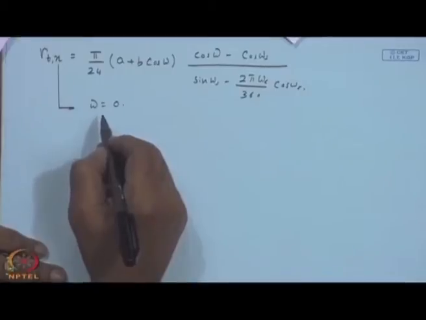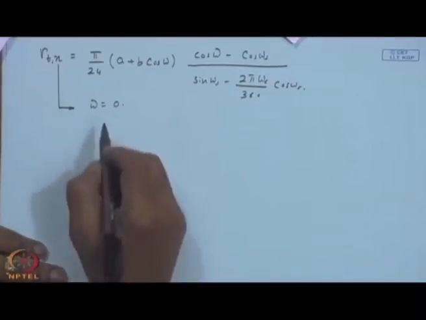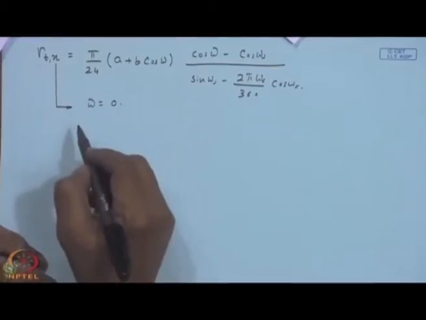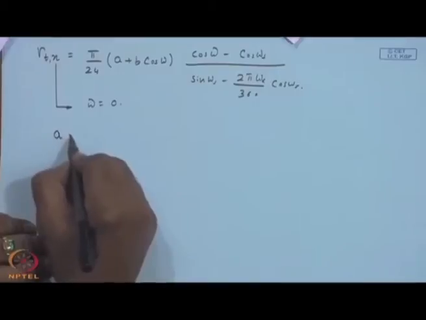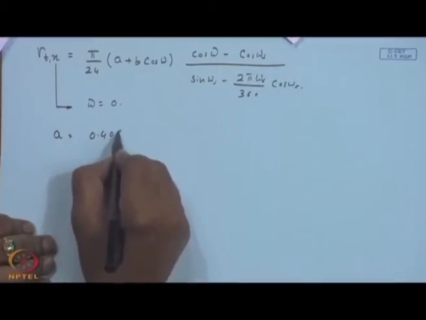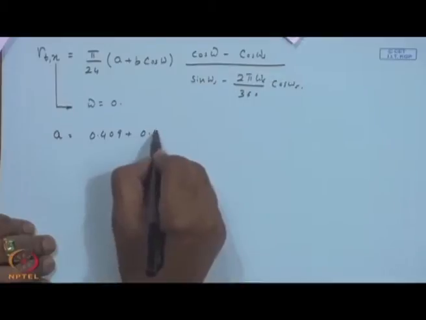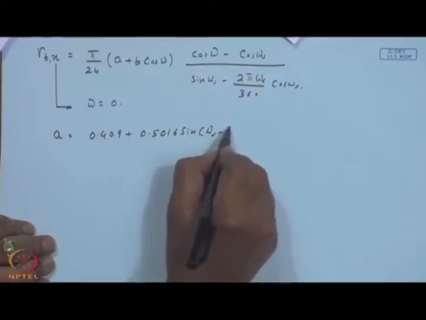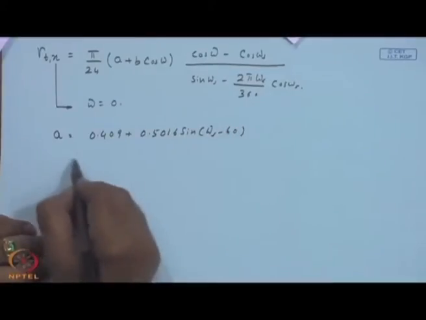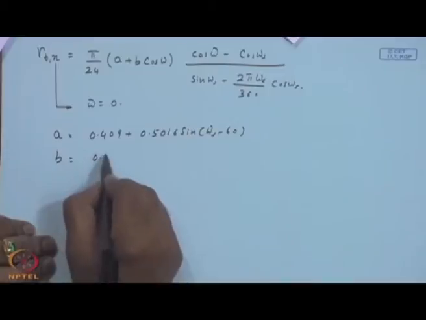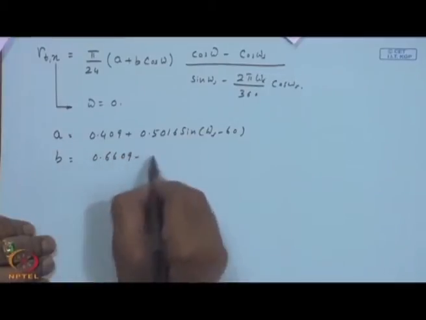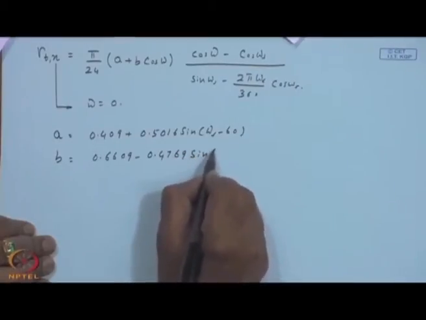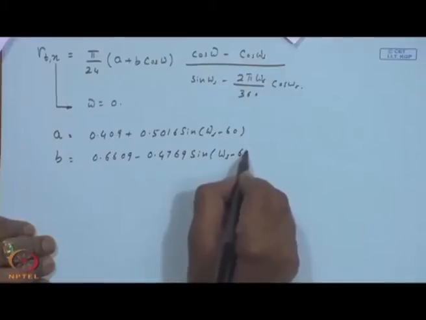Assume solar time is the same as the local time, that is one part, and there are certain instances where omega may not be equal to 0. a is 0.409 plus 0.5016 sin(omega s minus 60), and b is 0.6609 minus 0.4769 times sin(omega s minus 60).